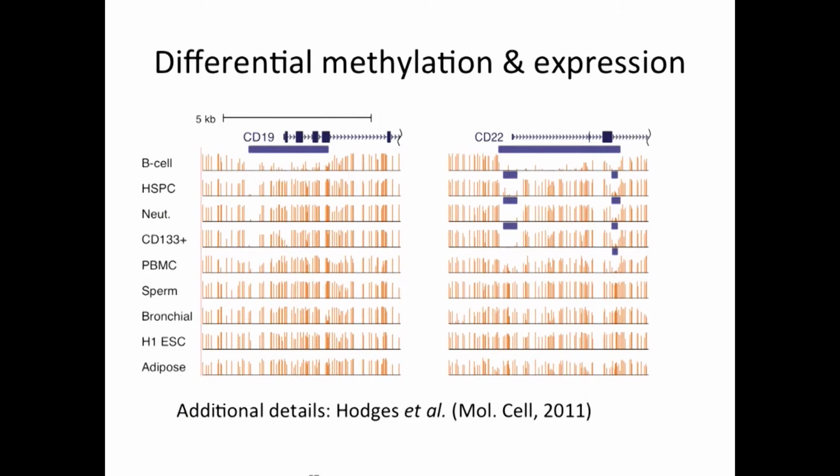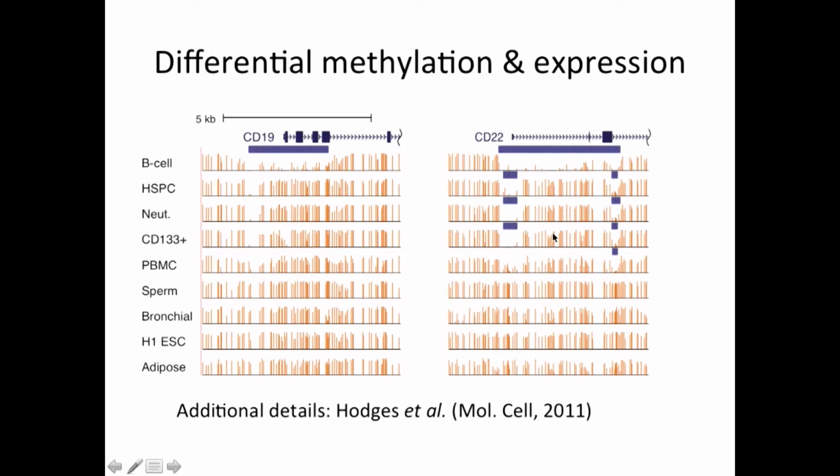But maybe the ones that are really highly tissue specific, maybe that's one difference. This gene, though, is another example. It's also a cell surface marker, and it's specifically upregulated in B cells. And you can see that in most of the B cells, there is a region that's constitutively hypomethylated. There are two regions actually.